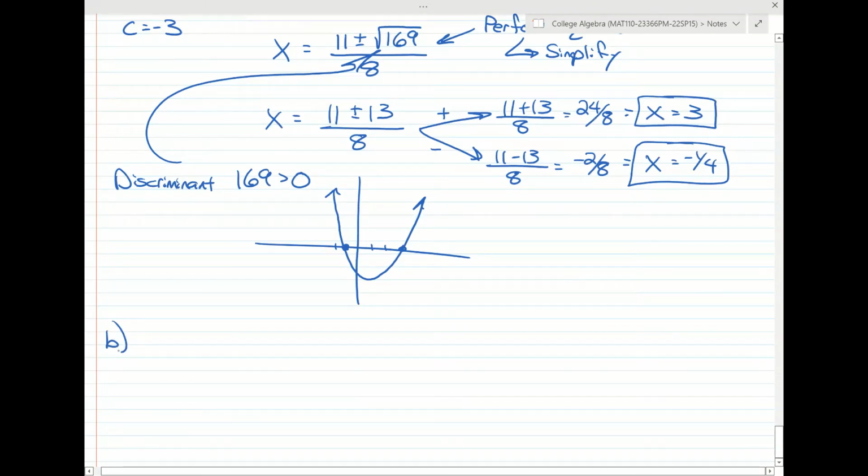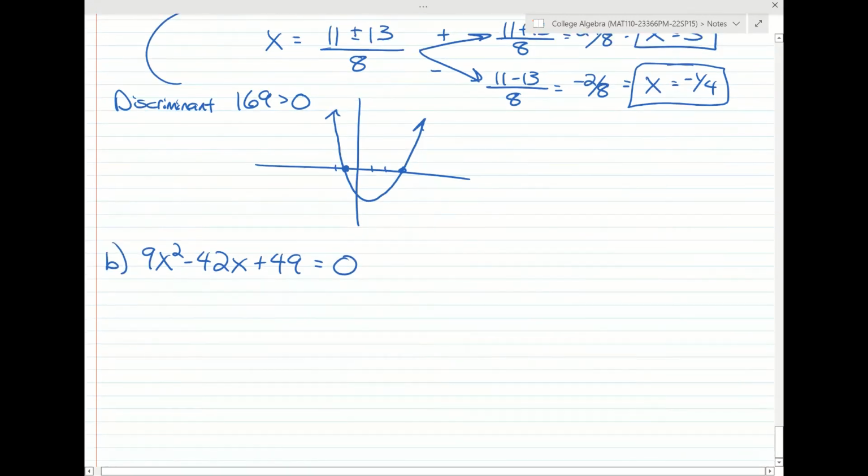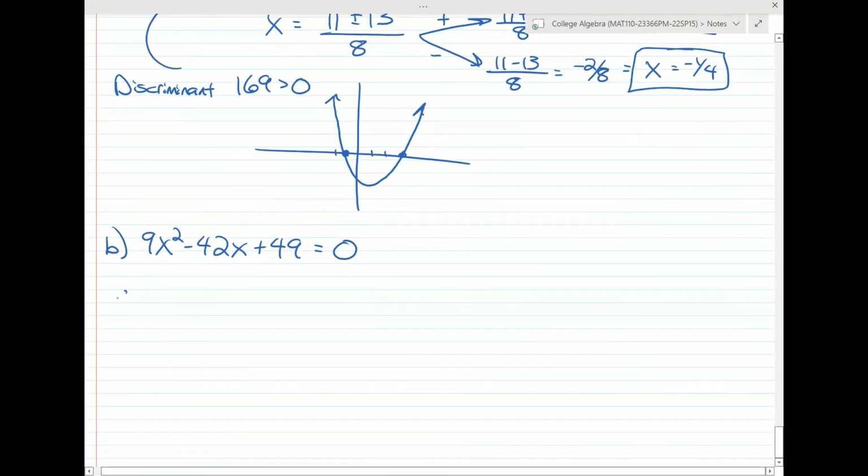What if we had an example where 9x squared minus 42x plus 49 is equal to 0? We know that A is 9, B is negative 42, and C is 49.